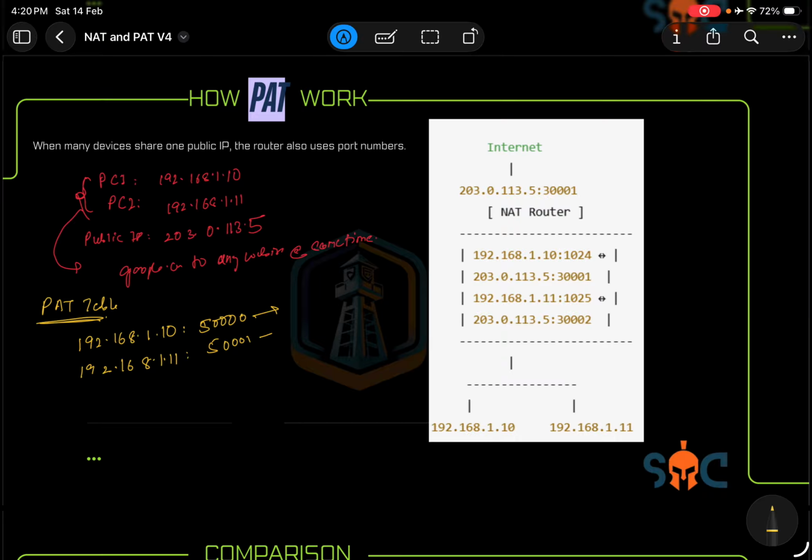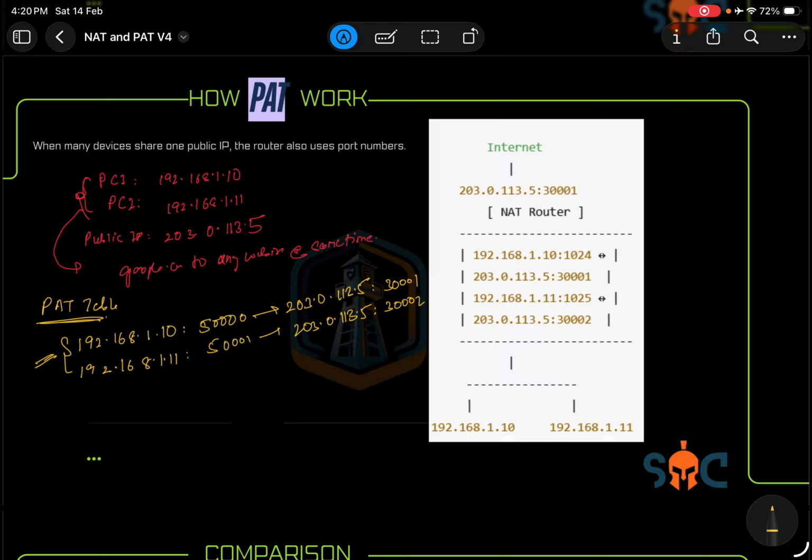In the PAT table, both of these unique private IP addresses are going to be assigned the same public IP address but with a different port number.